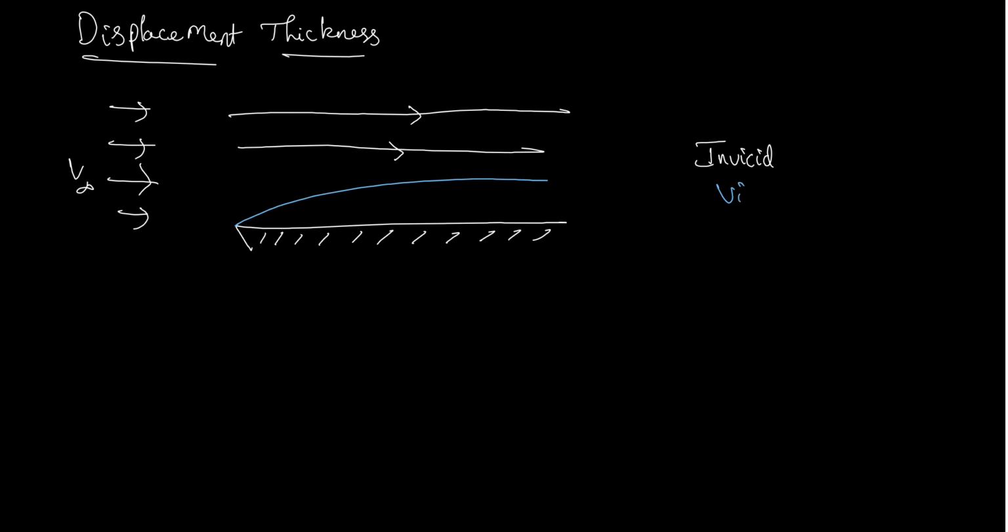So when we have a viscous flow, because a boundary layer is present, it is not this large, but it is slightly exaggerated for our understanding. The flow which was initially like this gets deflected slightly like this.